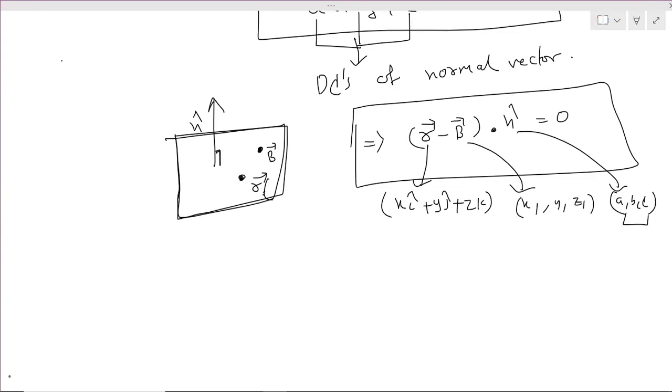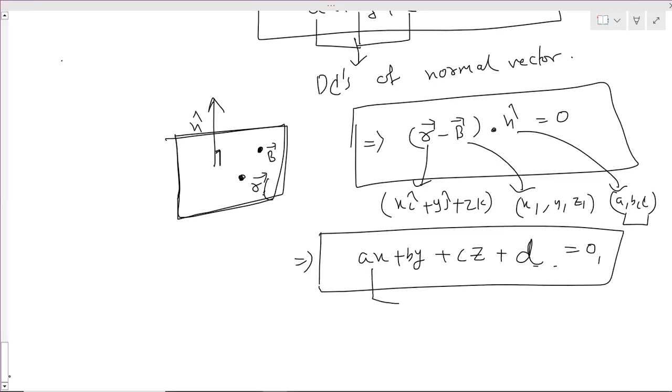When you simplify this, what you get ultimately is ax plus by plus cz plus some constant, some big terms like x1a, y1b, z1c. That whole thing you can represent as d. So this is the equation of plane, where a, b, c are the direction ratios of normal. That is very important.